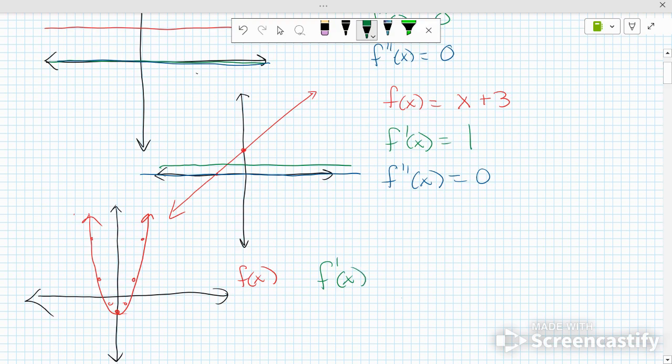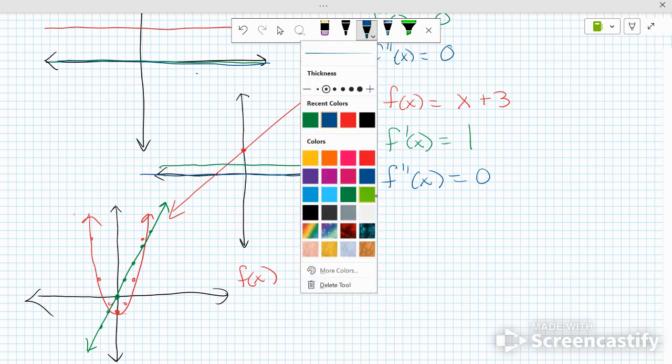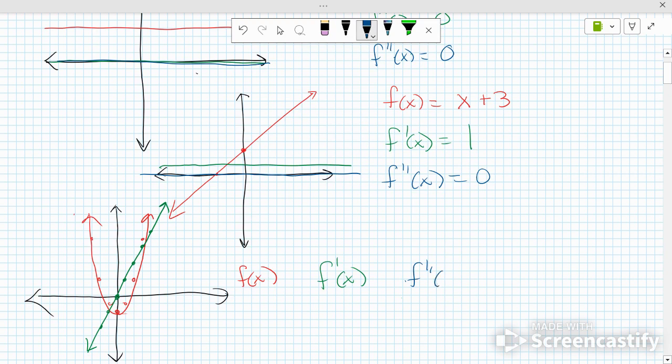Oh, you guys are smart. 2x. Because the red graph is f of x equals x squared minus 2. So the first derivative is like that. Okay. What would the second derivative be? Would be that. Okay. We're getting good at this.